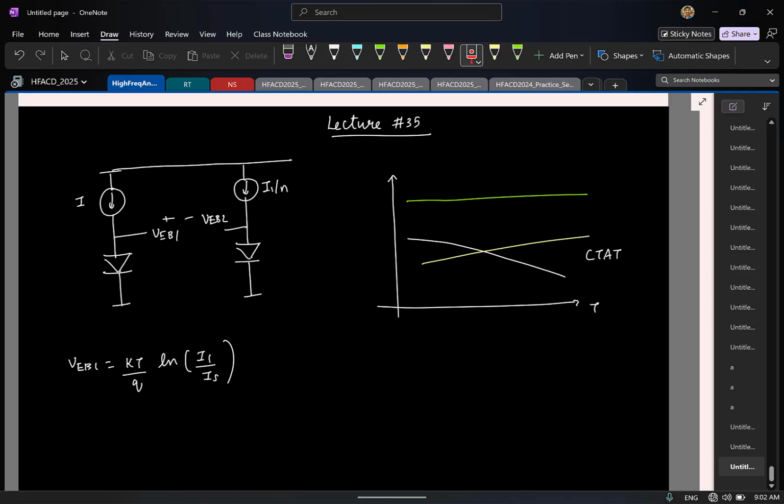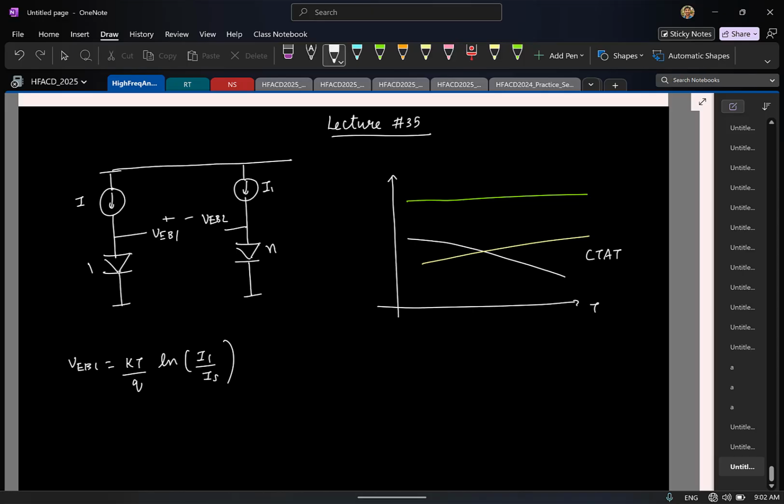And instead of doing this, you can also do the following: you can scale the entire circuit and say that this current is I1 and I have N diodes here. So if the total current is I1 and I have N diodes in parallel, what is the current flowing through a single diode here? I1 by N. So that's what happens.